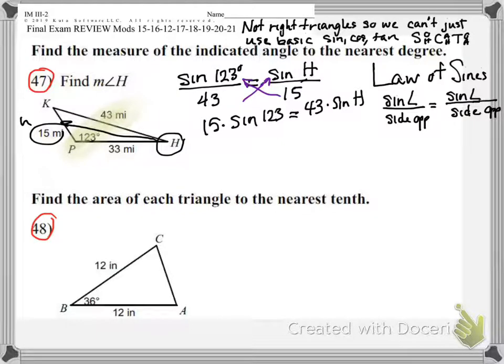Okay, I'm writing a little crooked here. Okay, maybe that looks a little better. Now, I'm not working anything out. I'm not putting anything in my calculator to the end because I don't want to be using rounded off answers. I need the h by itself, and it's not easy to just divide out the sine part. So I have to get rid of the 43 part of this first.